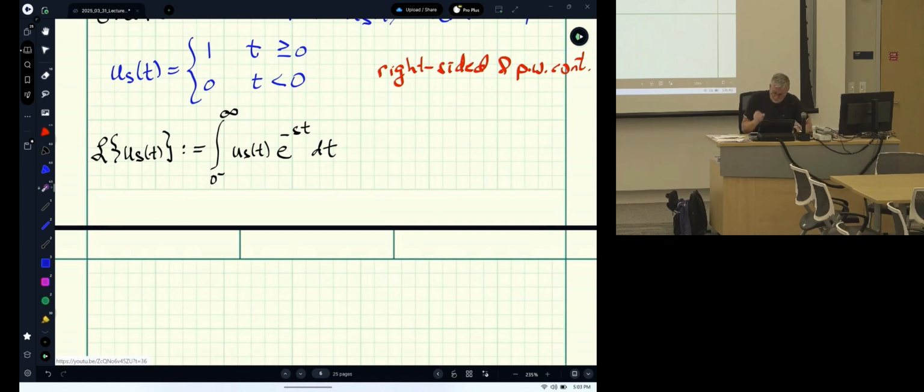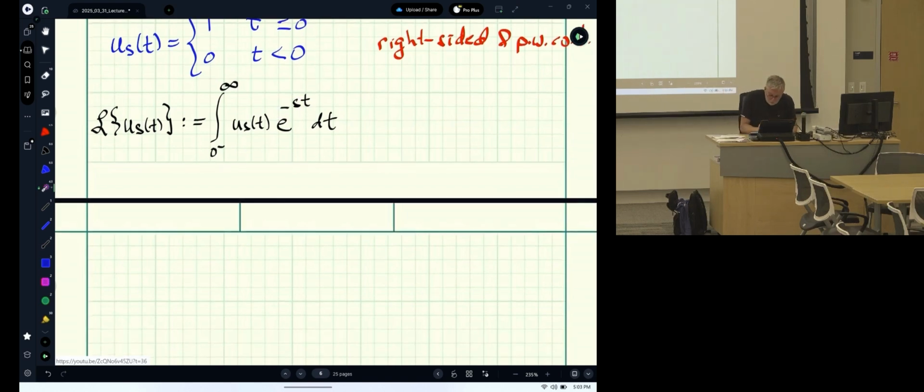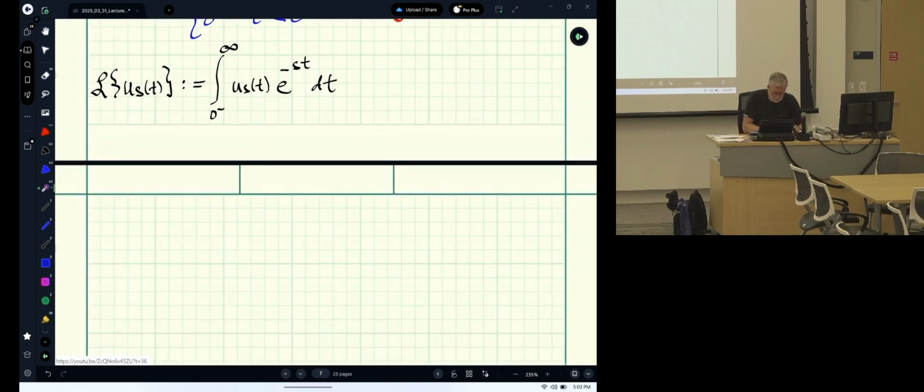Well, because if this is a 1, all we have to deal with is finding an antiderivative of this exponential term, and we know how to do that. We just did that. We did e to the zt. So we take z equals minus s. We know how to integrate that. So that's why we're doing something super simple here, because we know how to do an antiderivative there, and that'll help us evaluate this integral, okay?